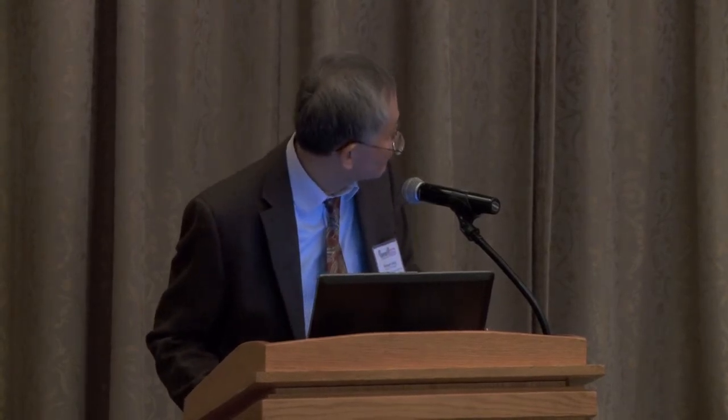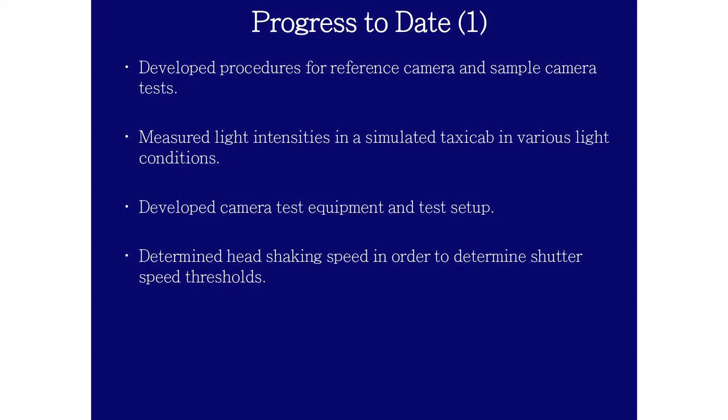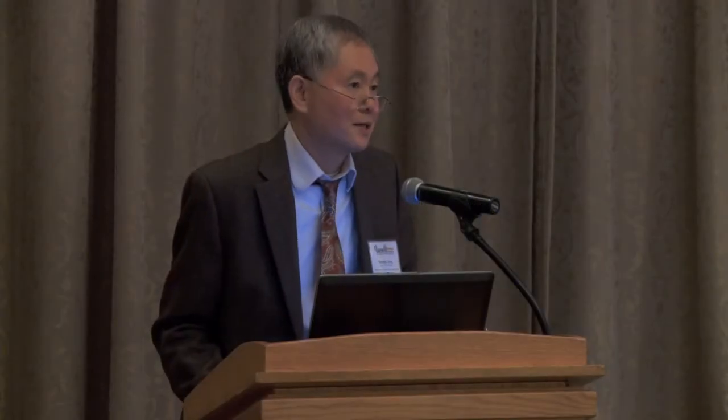Progress to date: we developed the procedures for the reference camera and the sample camera test. We measured the light intensities in a simulated taxi cab in various light conditions. We measured 7 light conditions. Daylight is a very strong light, over 100,000 lux illumination.